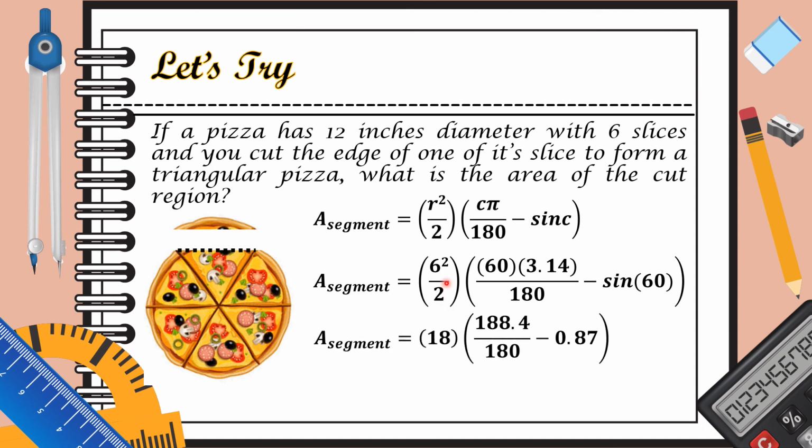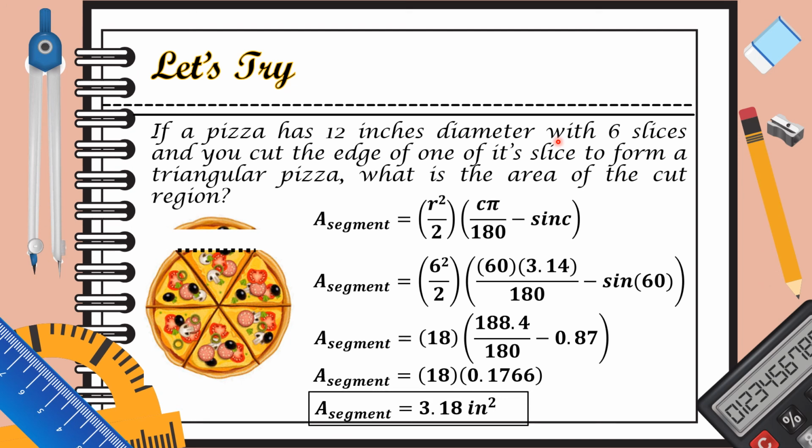So, 6 squared is equal to 36 divided by 2 is equal to 18. 60 times 3.14 is 188.4 divided by 180 minus yung sine 60 natin is 0.87. So, 188.4 divided by 180 minus 0.87 is equal to 0.1766, times 18. So, ang answer natin is 3.18 square inches.